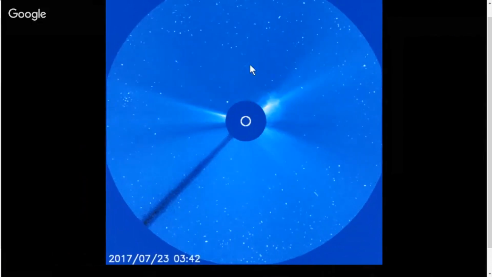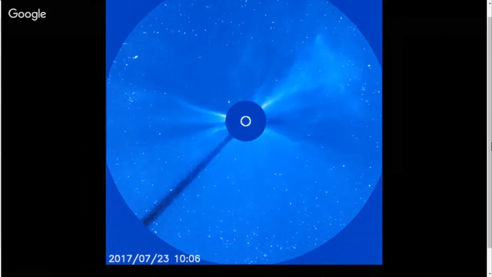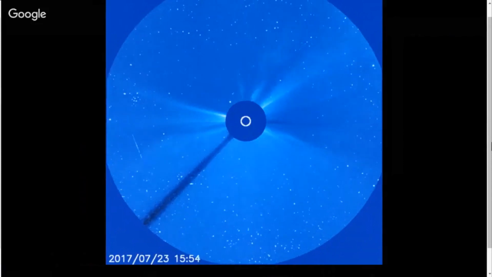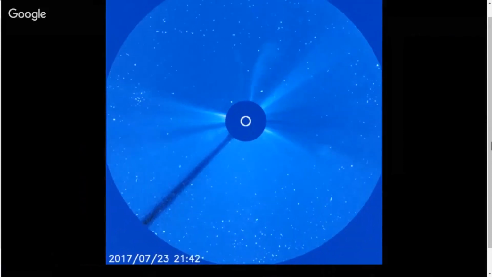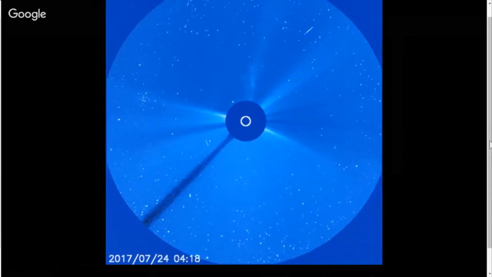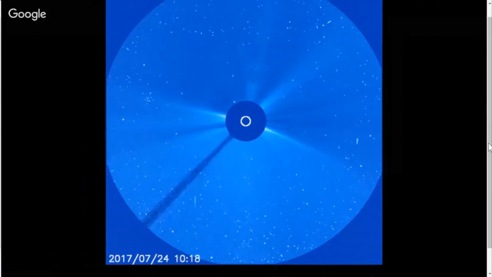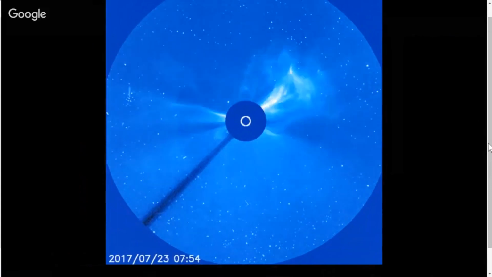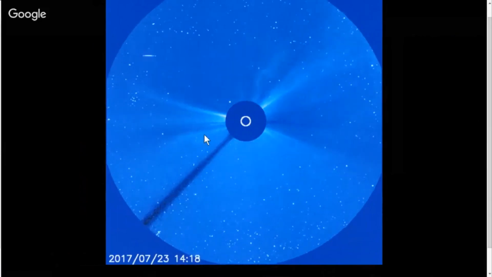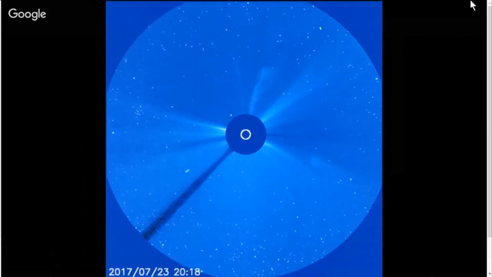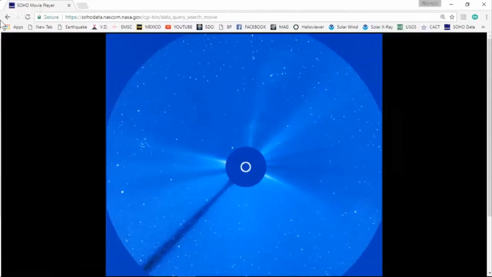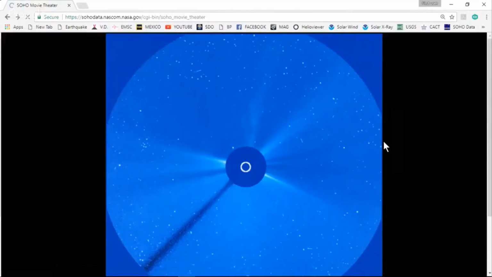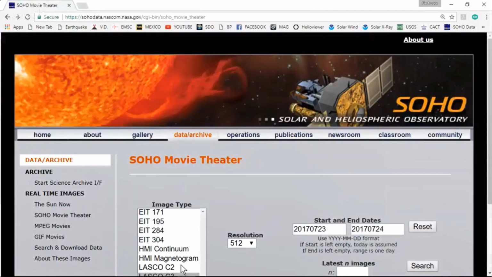It's definitely venting heavily. Wow. You know, folks, and that shock wave that came off of the sun from that CME, let's just face it, that was a massive explosion. It doesn't look that dramatic on the C3. So what we're going to do is move over to the C2, which is the red imaging.